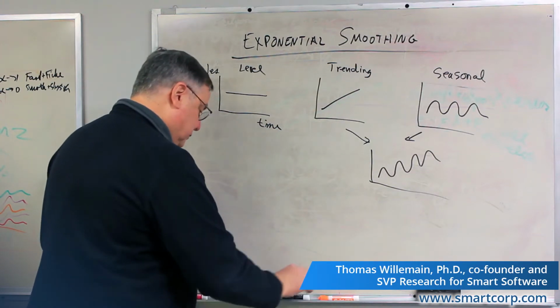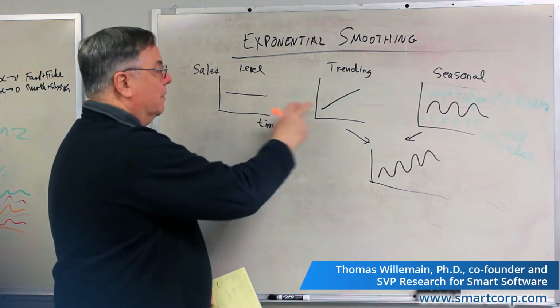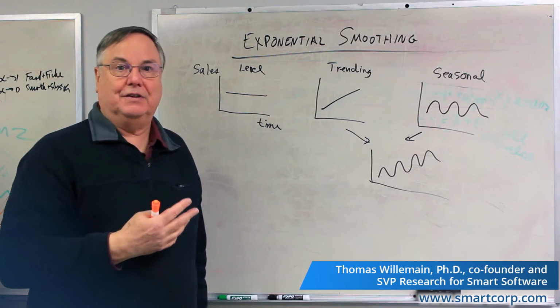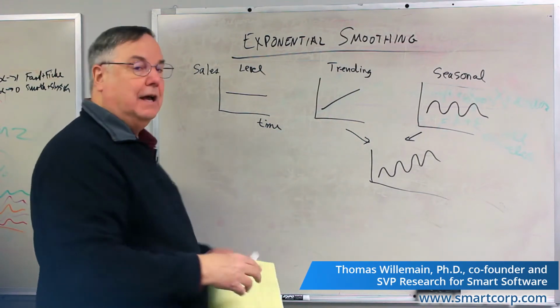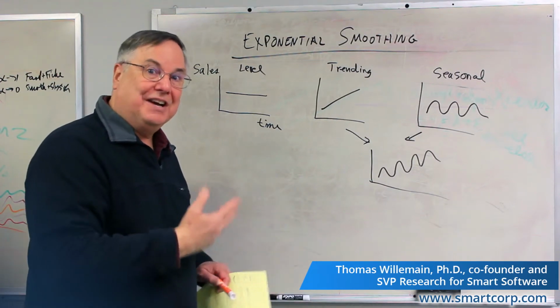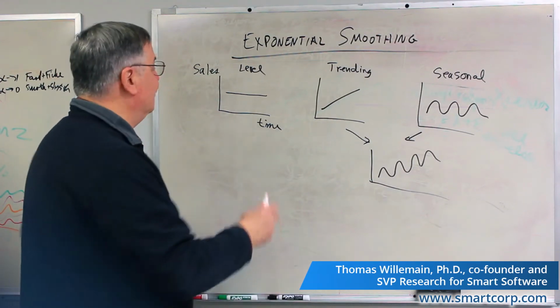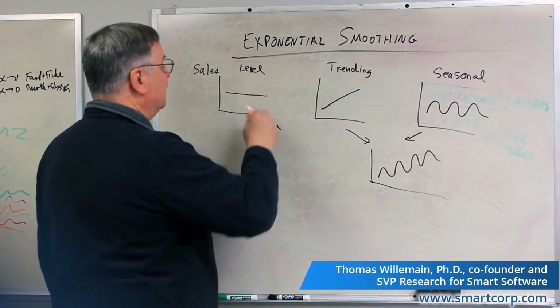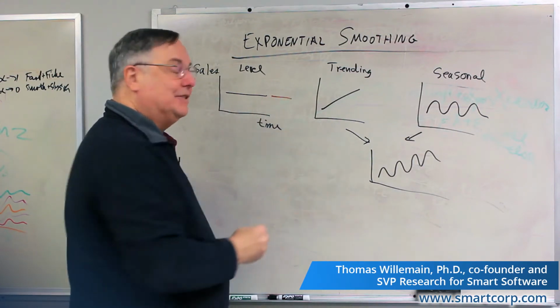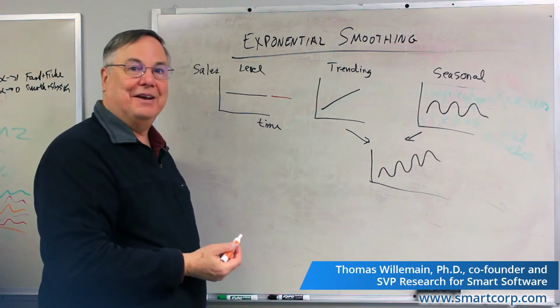And we try to classify visually the data series we're working with into one of those types. And the forecast for each ideal type is itself obvious. If this is a level series and there is no noise and it's stuck at this value, that's the forecast. What else are you going to say?